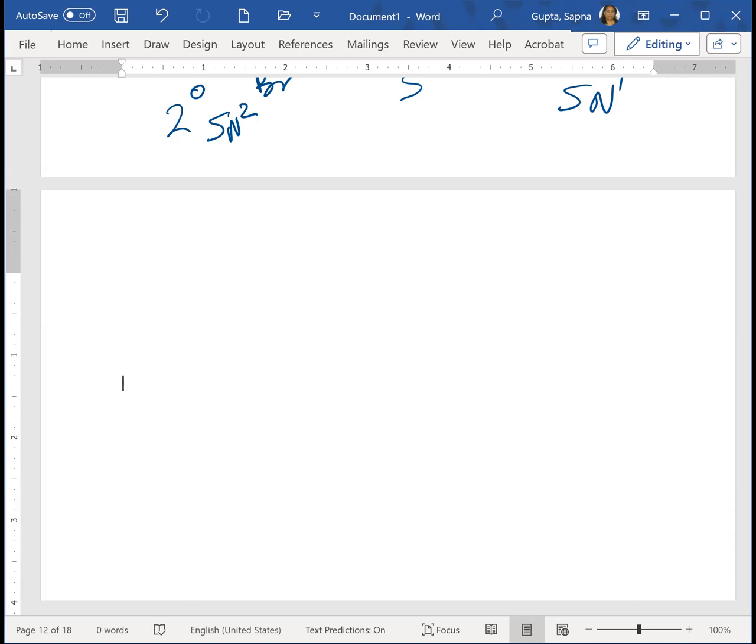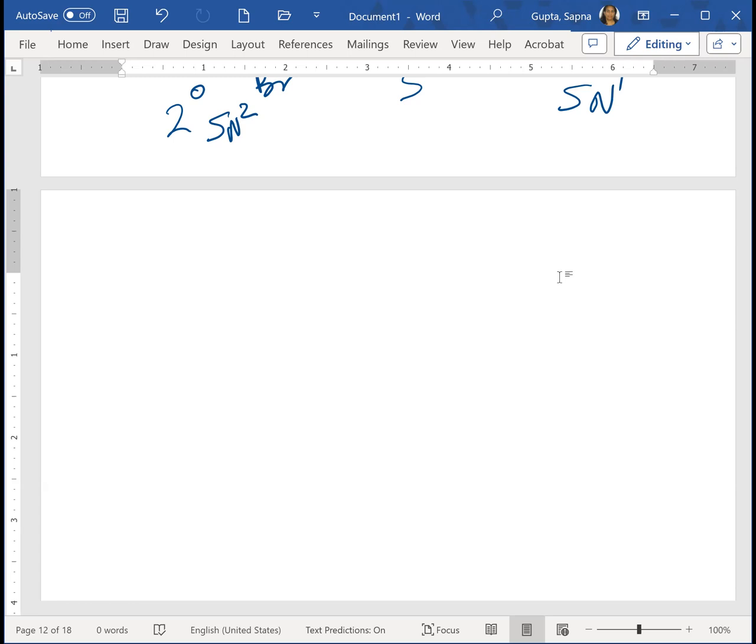All right, so there are going to be some exceptions when we talk about all these reactions, and that's what makes these reactions challenging. What we have done until now is not even that challenging, because really what we were learning was just the basics, the fundamentals of a reaction. How does it work? What does it mean to be SN1, SN2?